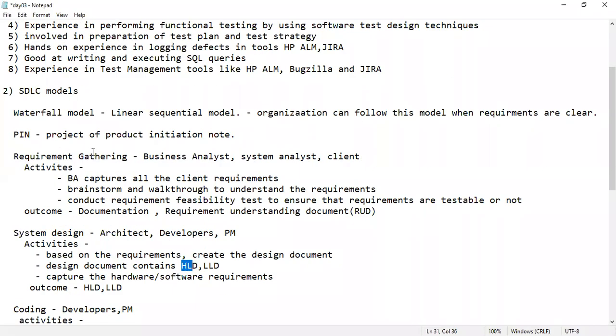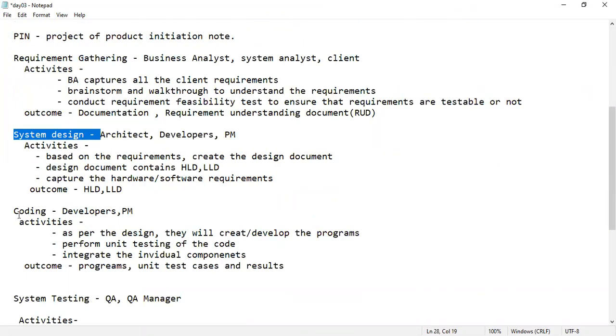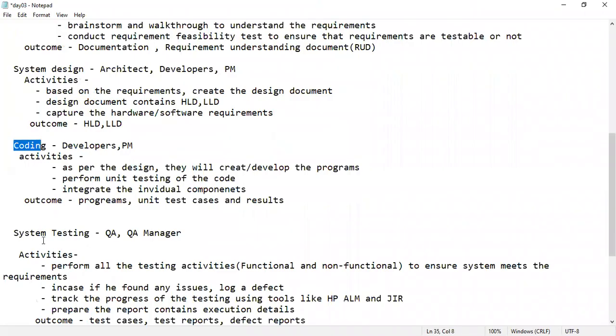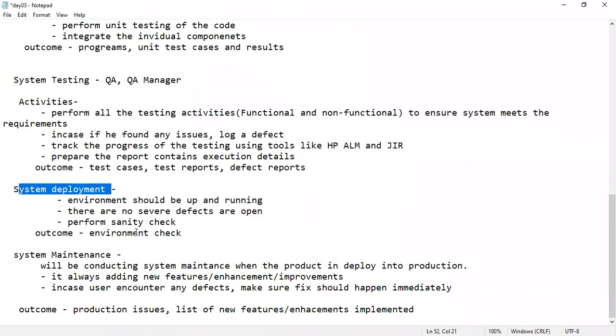So here we have phases like requirement gathering, after that system design, then coding the project, then performing system testing, then deploying that code into the production environment, and we will be conducting system maintenance when the product is live. Okay, is it clear?